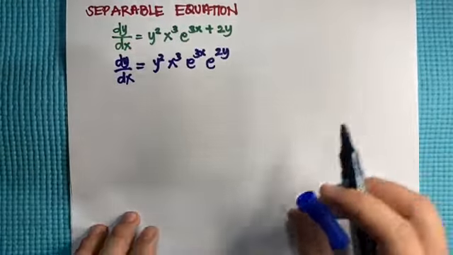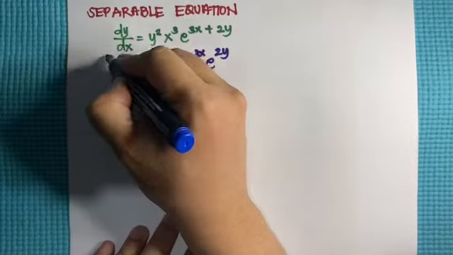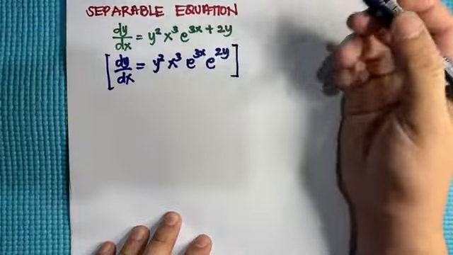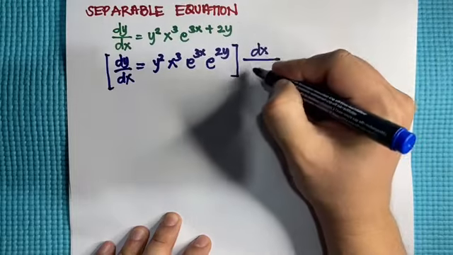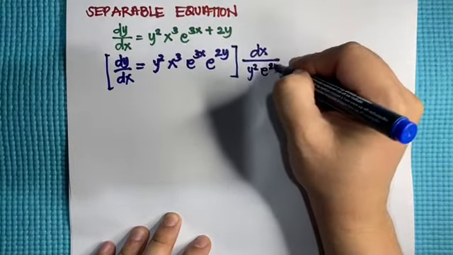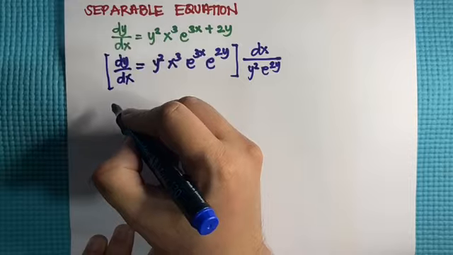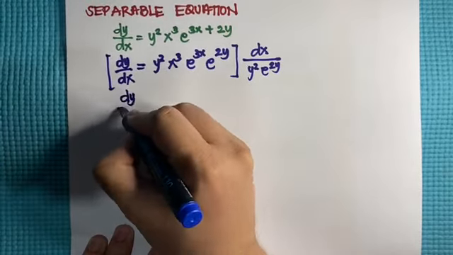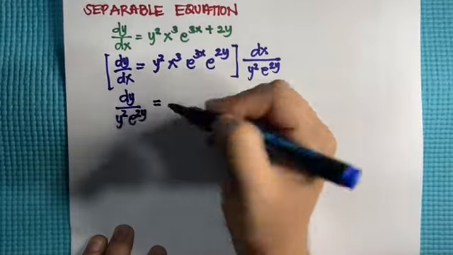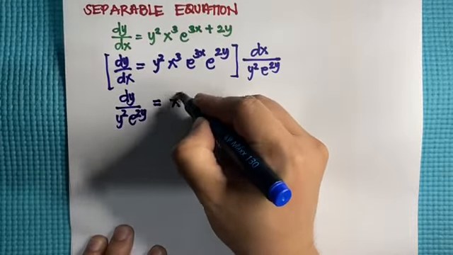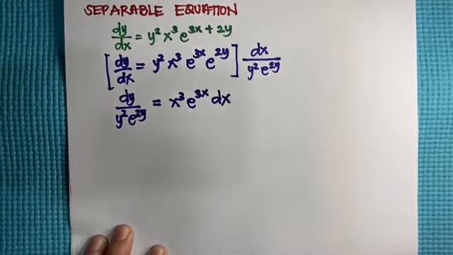And from here, if we multiply the equation by dx and then divide the whole equation by y squared e raised to 2y, we'll be able to transform the equation into dy over y squared e raised to 2y, and that would be equal to x cubed e raised to 3x multiplied with dx.